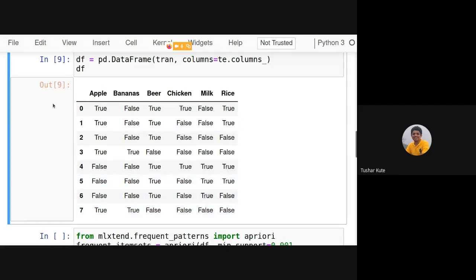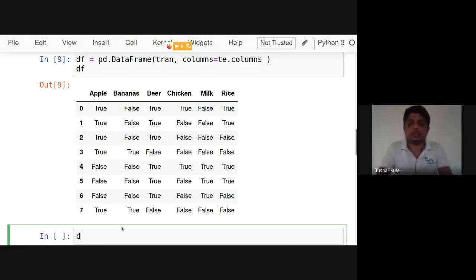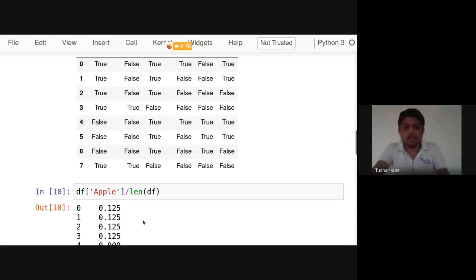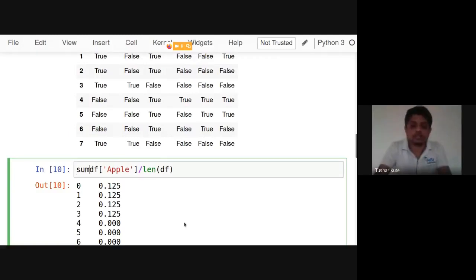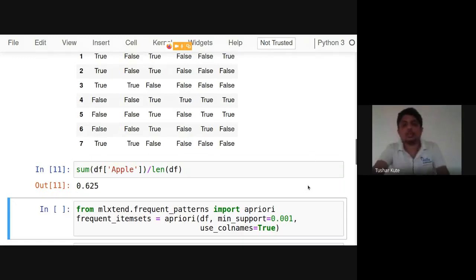Let's see how to do it. How to calculate the support of apple? Take the sum of df of apple divided by the length of df. 0.625 is the support of apple.